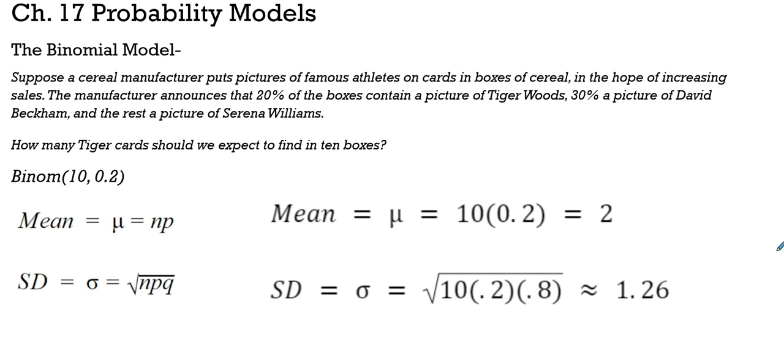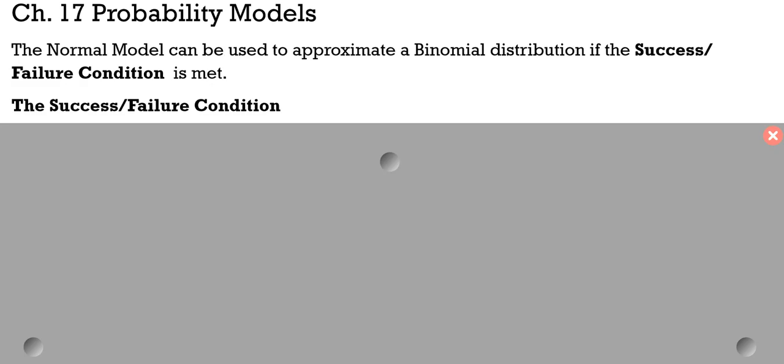Now, why would we care about the mean and standard deviation? Well, what's nice about the binomial model is if we have a big enough sample, we can use the normal model to approximate the binomial distribution.